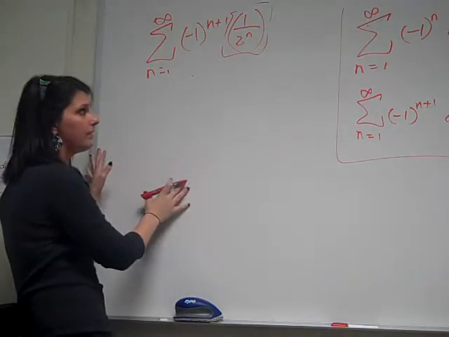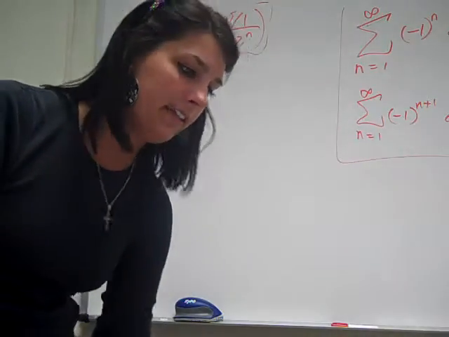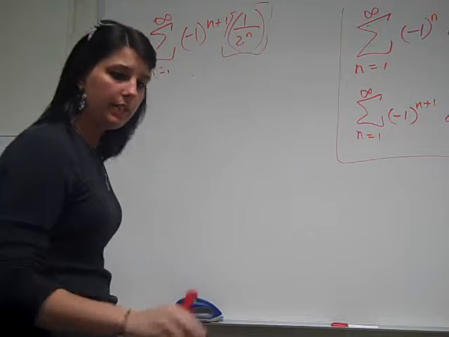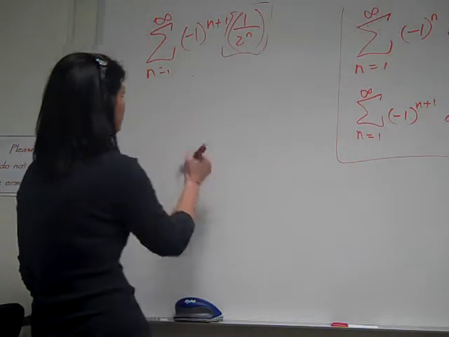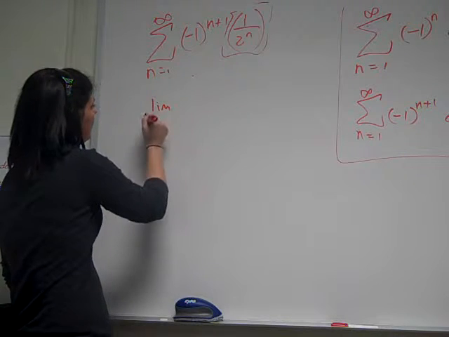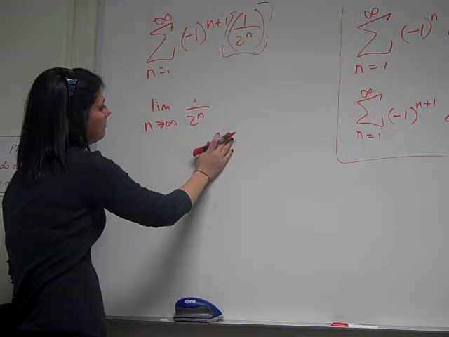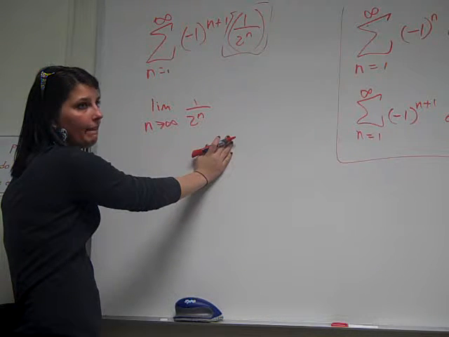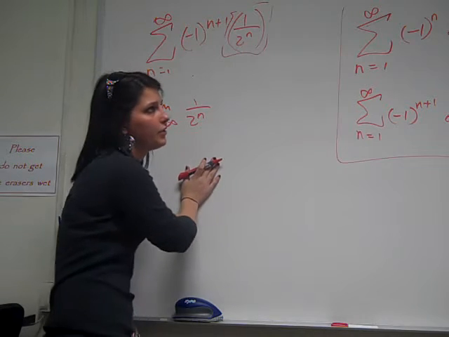Alright, so now it's basically just the nth term test. As long as the limit of them goes to 0, then we know the alternating series itself converges. So the limit as n goes to infinity of 1 over 2 to the n, and what is that? What is the limit as n goes to infinity?